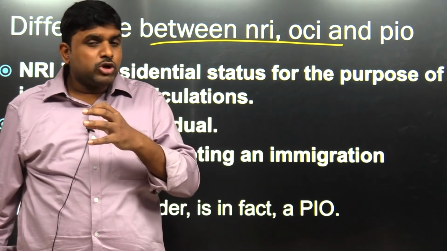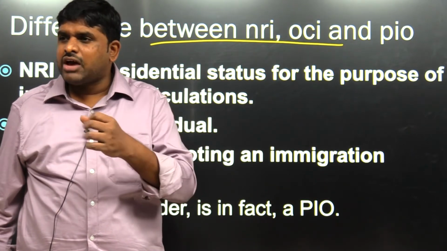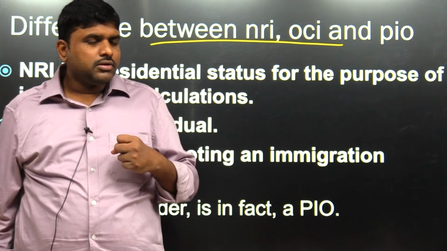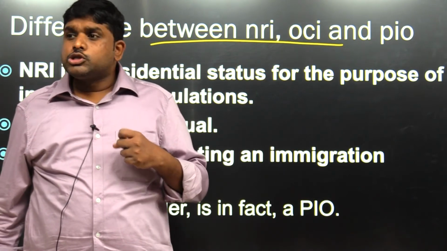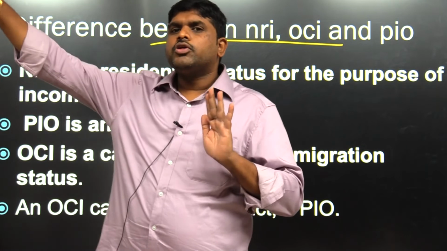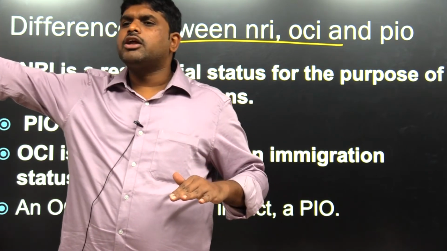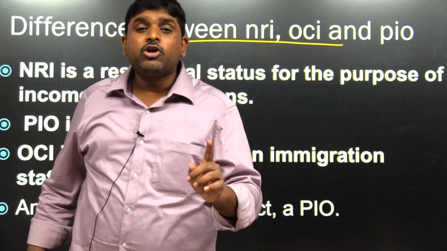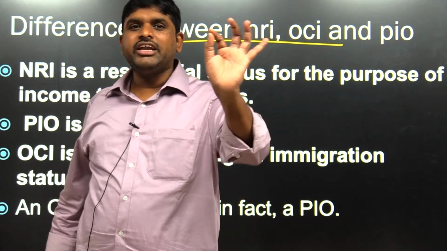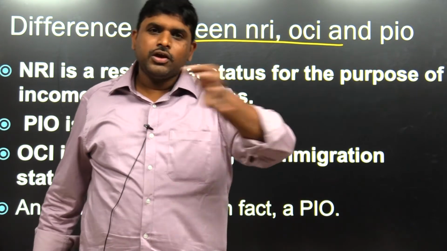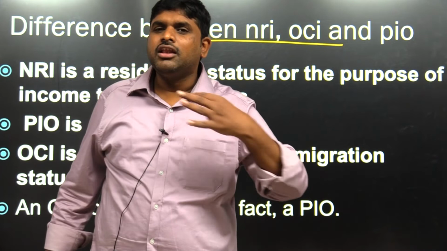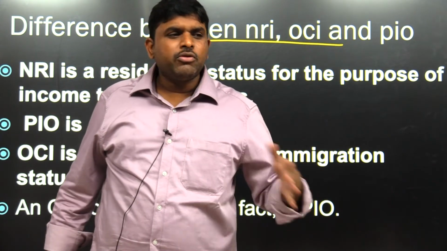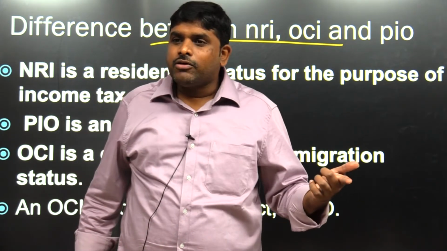Why? Because they are intellectuals, they have resources, investment and knowledge. So for them they created this: you can be a citizen of a foreign country, no problem, but as an overseas citizen of India I will give you Indian citizenship also. You come here, give your skill, your investment, your knowledge, and develop India also.